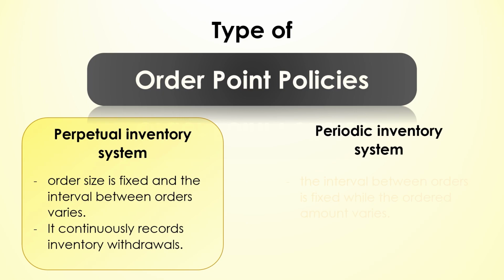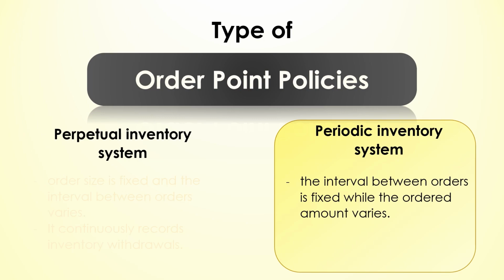While for the periodic inventory system, the interval between orders is fixed while the ordered amount varies. So it is used to order certain items together from the same supplier. Some advanced inventory models mix the use of perpetual and periodic systems with the result that costs are further reduced.